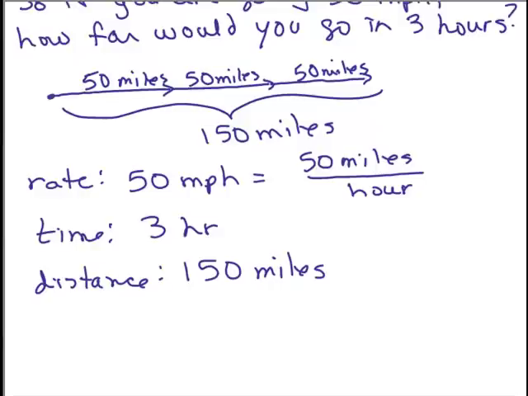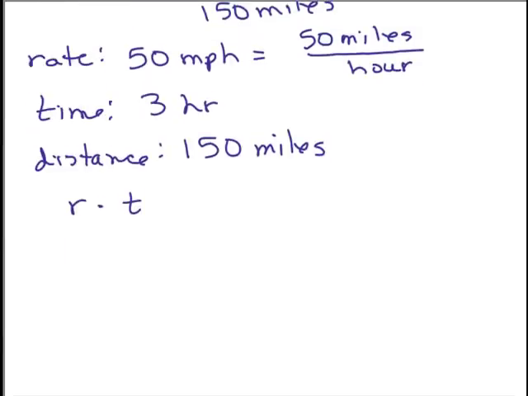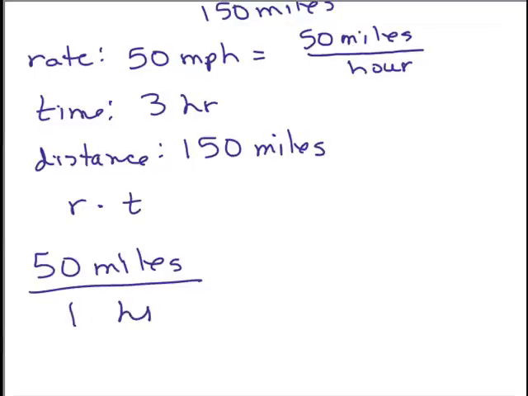So if I were going to do this quickly, I might notice that if I did my rate times my time, I have 50 miles per 1 hour times 3 hours. And look at what happens. The hours cancel, right? So here's my rate, here's my time.